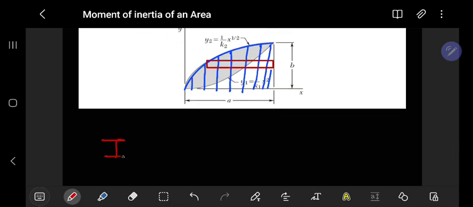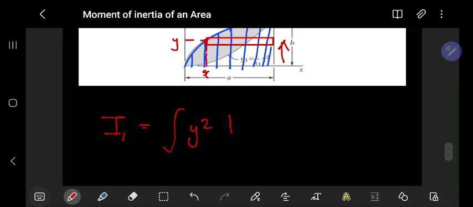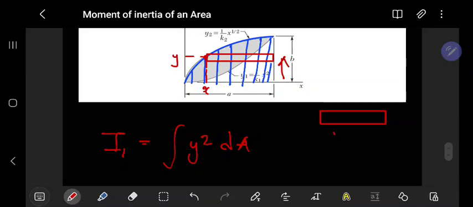I'll label this as moment of inertia 1. And for this one, we'll say it's the integral of the distance between them. The distance will be y, so we'll just square it. Y, of course, being up to there. We're taking advantage of this being y here and this being x here. So we have this dA. For the section selected, you have to see, like we did again in the example that we did some time back, it has to be a minus x.